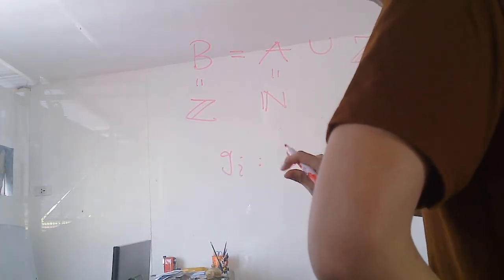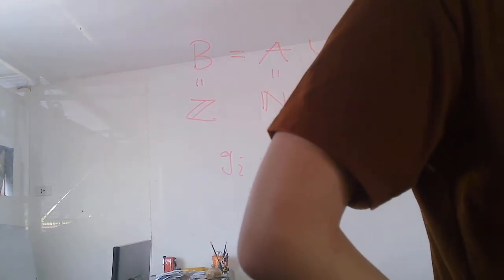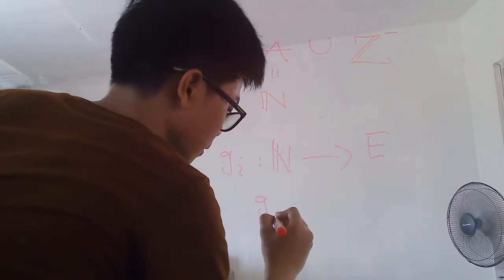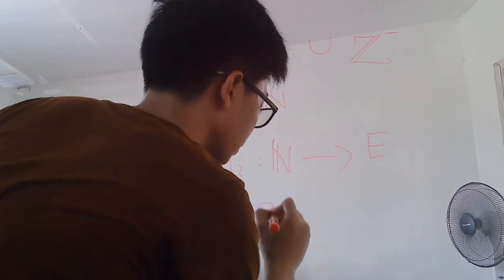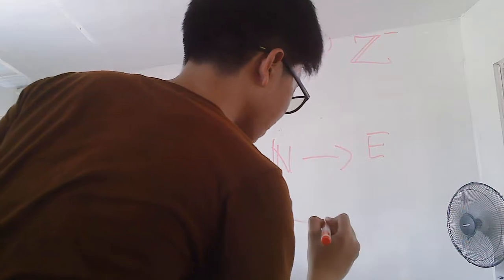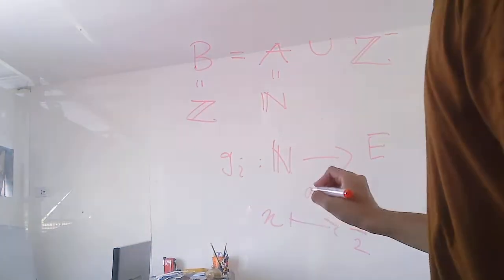Okay, sorry. We're going to map N onto the even numbers, and that is done via this. So some number n is mapped onto n divided by 2, and that's via g sub i.